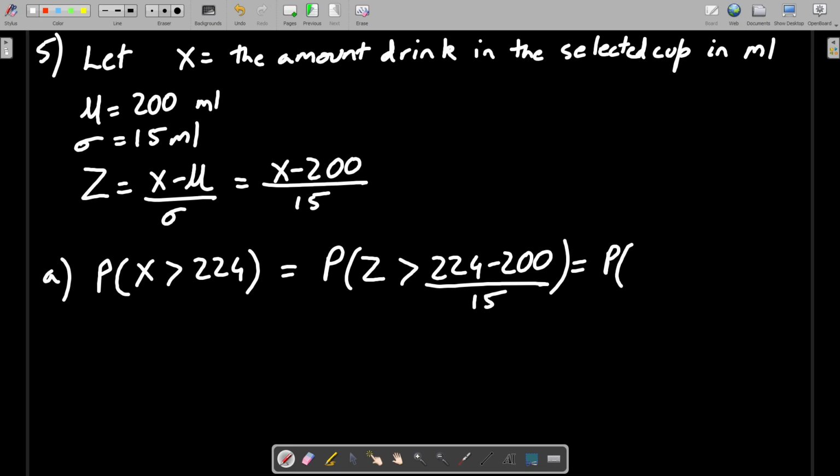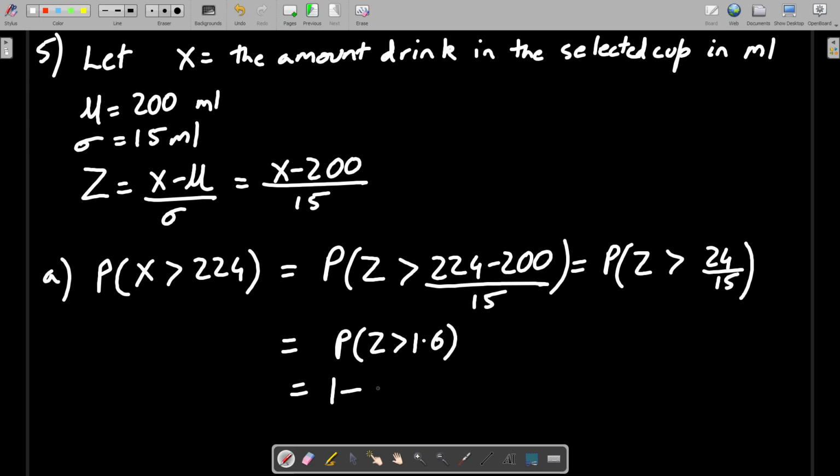So this is probability of Z greater than 24 by 15, which is 1.6. So probability of Z greater than 1.6. This is same as writing 1 minus phi of 1.6.